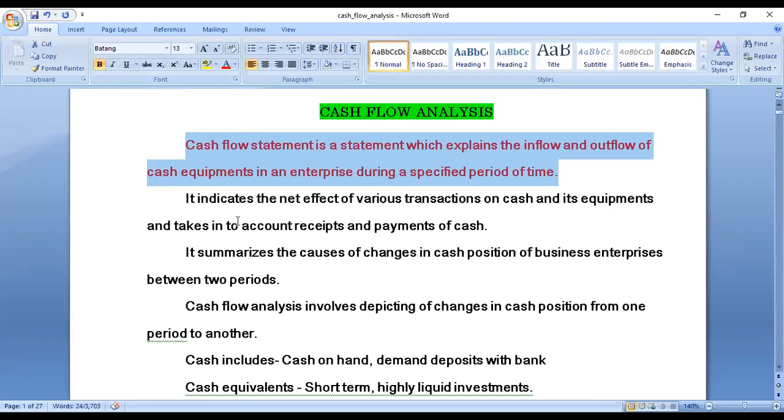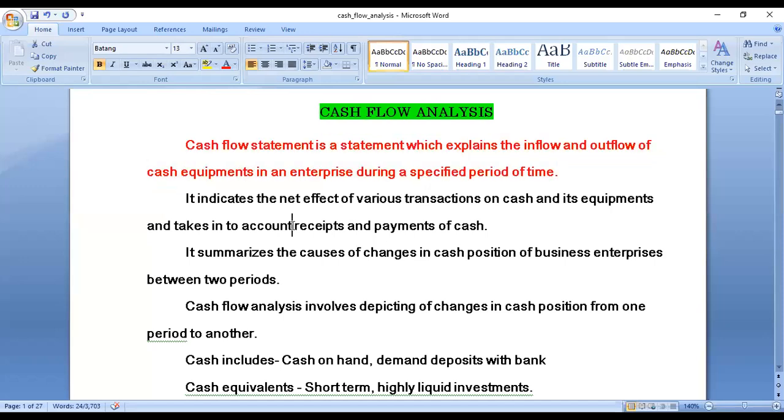Then we have one more meaning. It indicates the net effect of various transactions on cash and its equivalents, and takes into account receipts and payments of cash. We measure or record them in the form of receipts and payments.